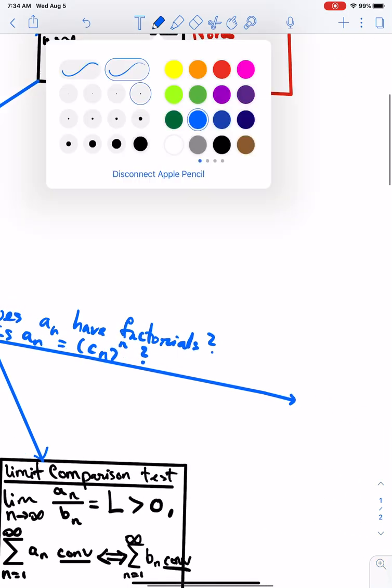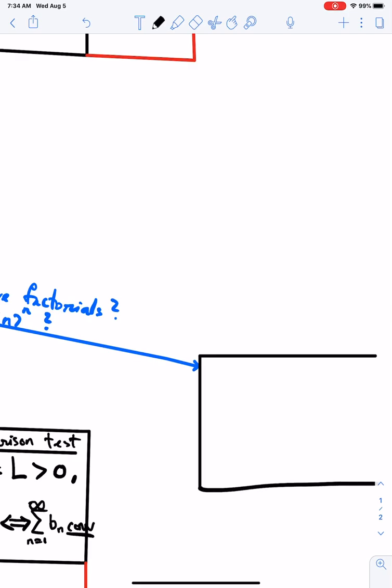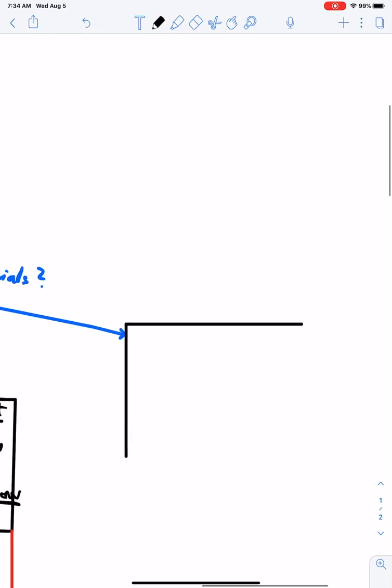If the answer is yes, then we want to do the ratio root test.